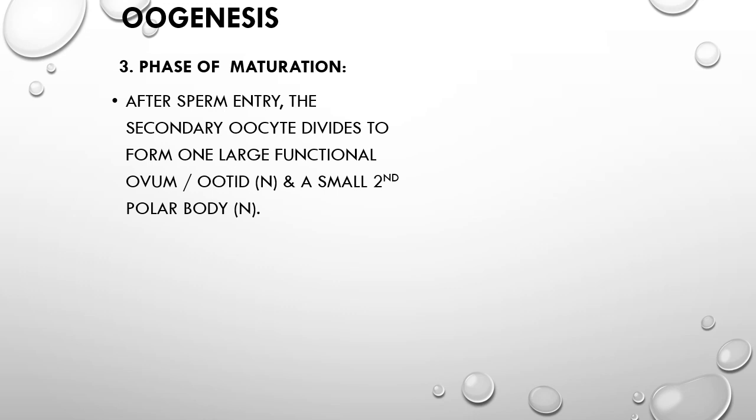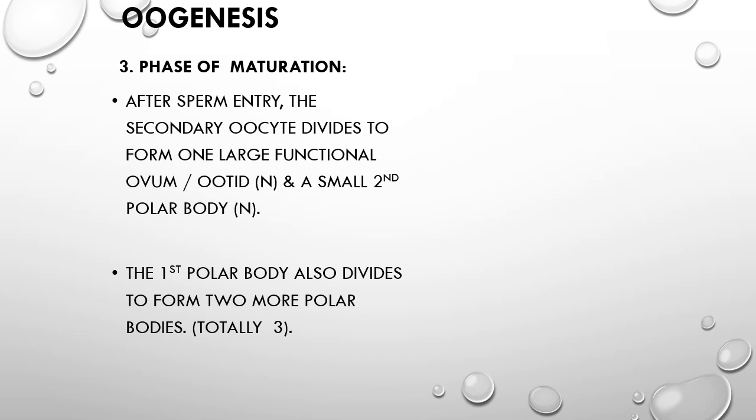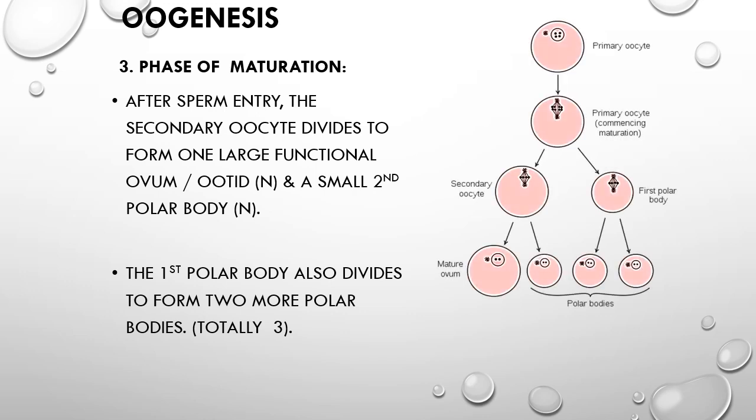In this phase of maturation, there are two important steps: one is meiosis 1 and second one is meiosis 2. So the entire phase of maturation gets completed in two steps, namely meiosis 1 and meiosis 2.